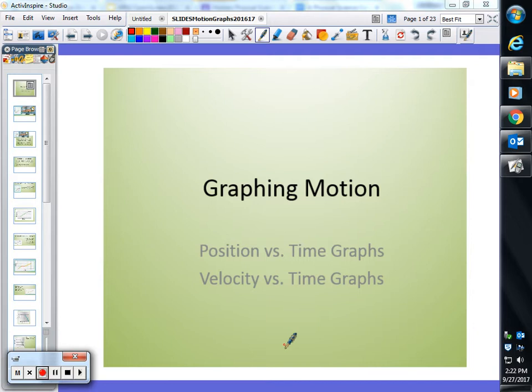So they basically tell us where and when, right? But we also talked about the idea that the position versus time graph can tell us the velocity as well. How do we find out the velocity on a position versus time graph? Change in x over time. What part of the graph tells us the velocity, right? The slope will tell us the velocity, right?